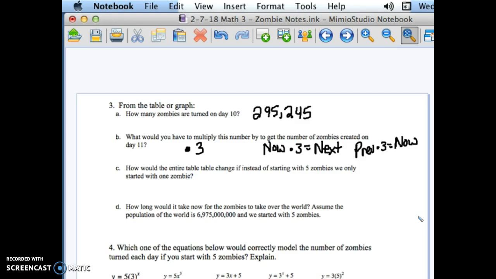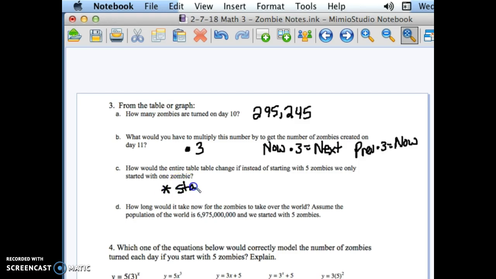How would the entire table change if instead of starting with 5 zombies, we only started with 1? We think that it would be a lot smaller.